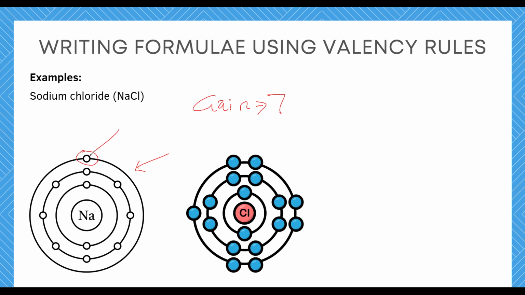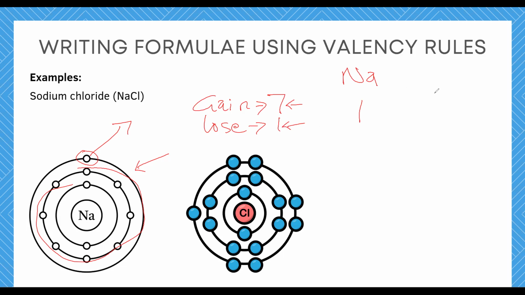If this one electron goes away, we are left with 8 electrons in the outermost shell. So between 7 and 1, which one is less? One is the smallest. Therefore, what is the valency of sodium? One, because it needs to lose 1 electron to reach 8 outermost electrons.